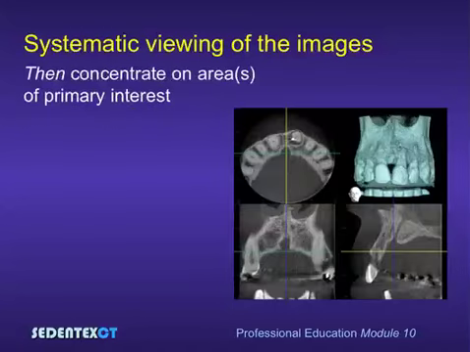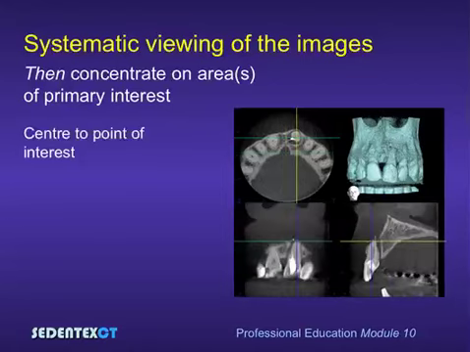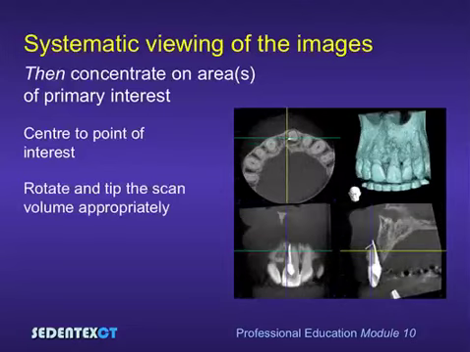Once you have been through the scan volume systematically in three planes, then is the time to concentrate on the areas of primary clinical interest. In this case, the upper left central incisor. Your first task is to center to the point of interest. The next task is to rotate and to tip the scan volume appropriately.